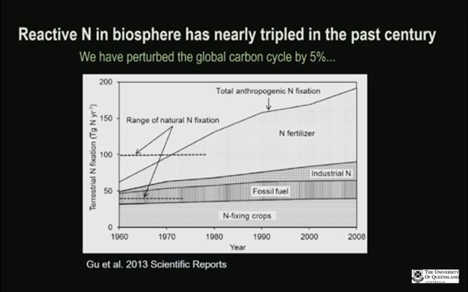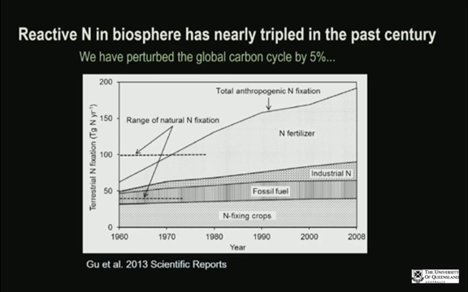And then we also have the range of what's called natural nitrogen fixation, or biological fixation. I'll talk a little bit more about that later on. And you see the range is a big span. The big span is because we're not very sure how much nitrogen is actually fixed by prokaryotic organisms in natural ecosystems, symbiotically or not, because it's very hard to quantify. But in any case, what you can see is that we have enriched the Earth very dramatically with reactive nitrogen.